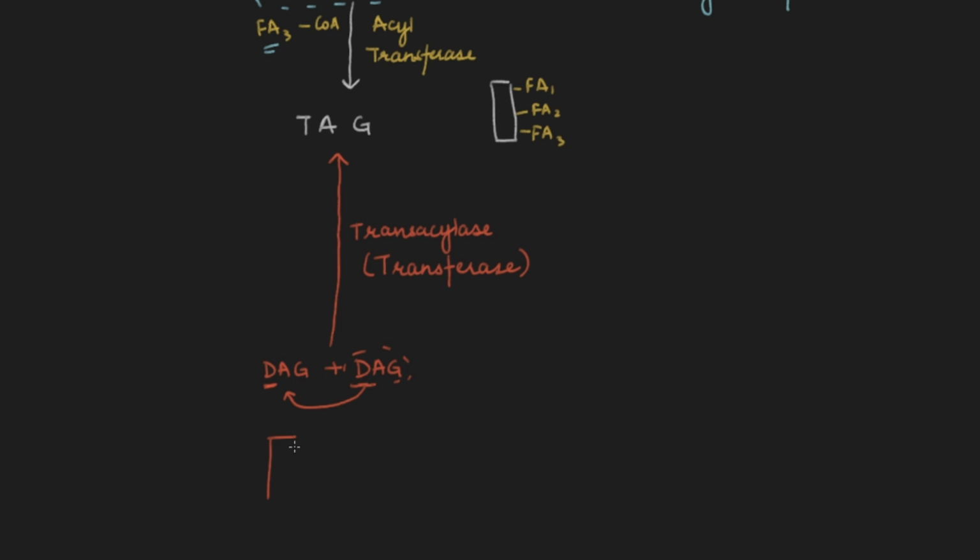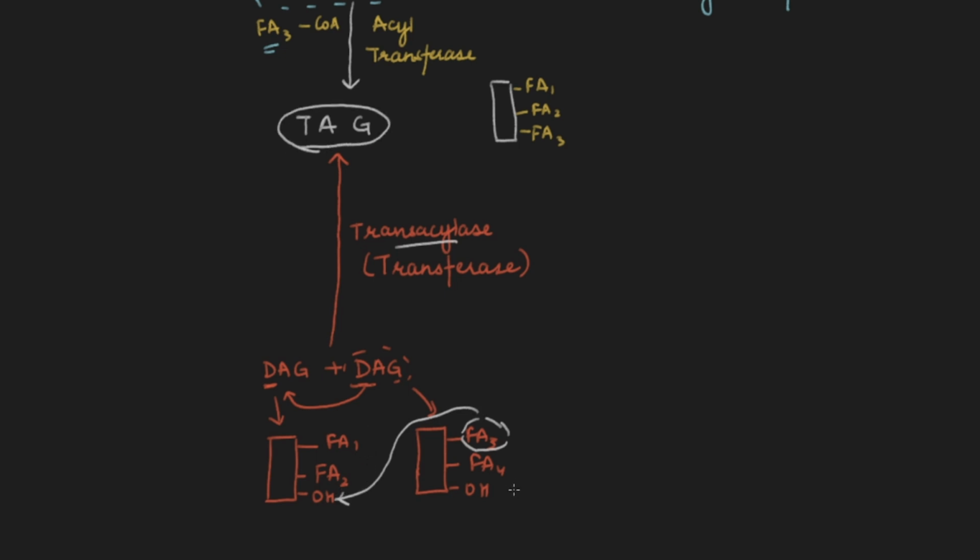What it does is, fatty acid 1, fatty acid 2, and fatty acid 3, fatty acid 4. So these are two diacyl glycerol. What the transacylase will do, it will transfer one fatty acid to this position, resulting in the formation of TAG, and what we are left with is one monoacyl glycerol.